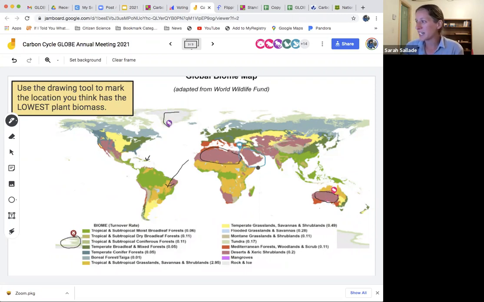Lots of activity here. I see people highlighting some of the world's deserts, some of the world's Arctic and Antarctic regions, some tropical savannas.